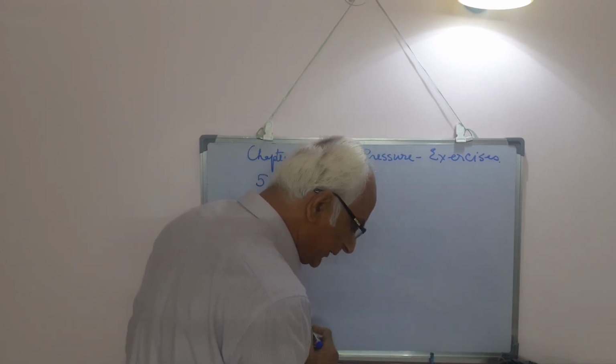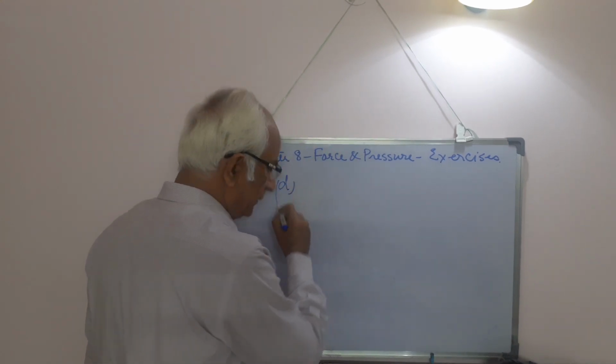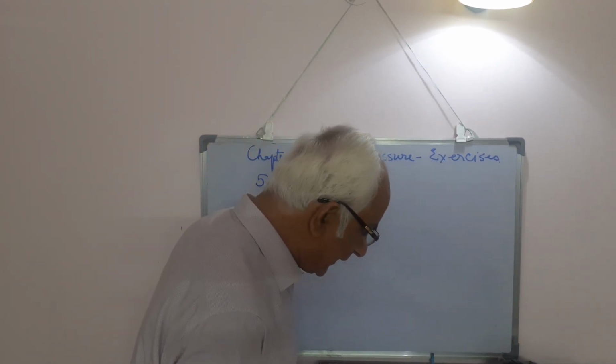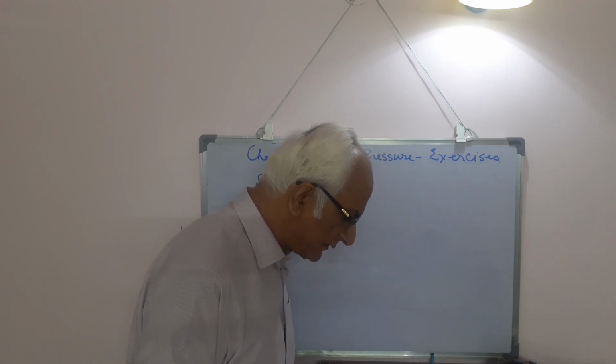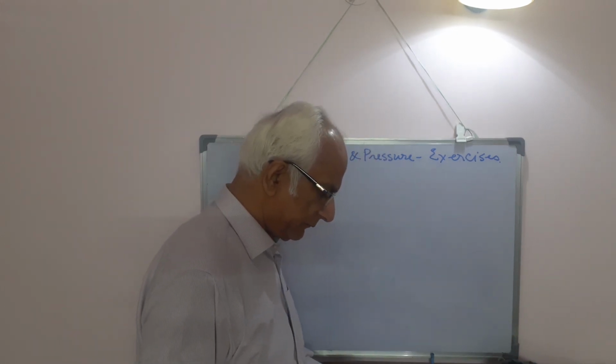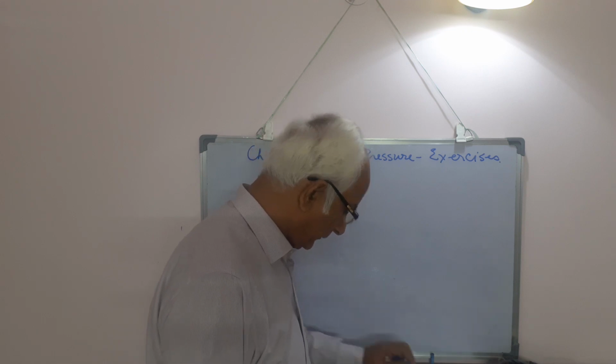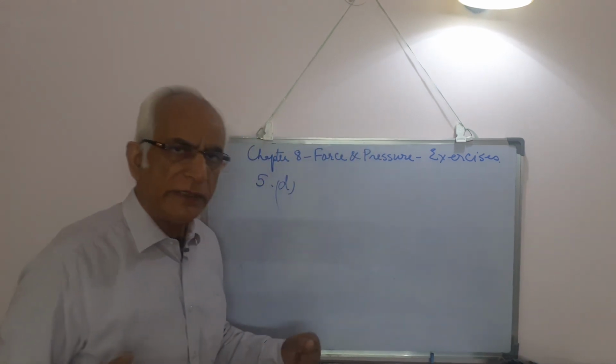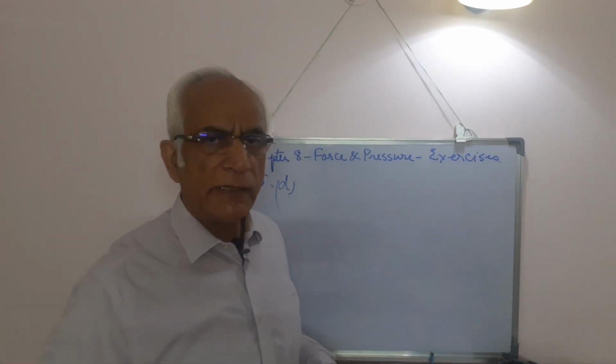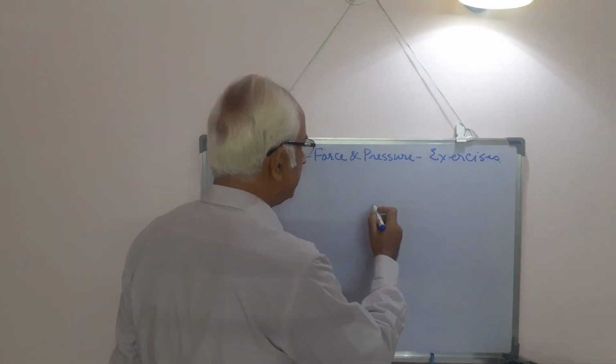So what is the last part, D part? An athlete making a high jump to clear the bar at a certain height. Okay? So you have seen people jumping a high bar.